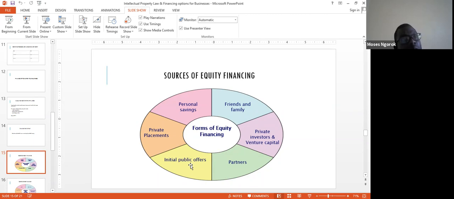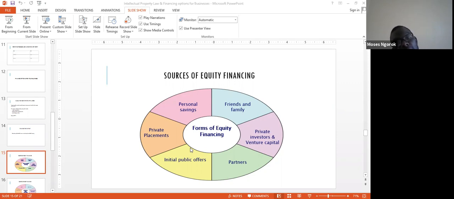Please note, this is not an IPO, an initial public offer. It's distinct. It's where you go out to the public and say, can we get more shareholders? It's similar to having a partner, but here you get shareholders and collect money from them and then use it for expansion or for research and development. That's an avenue available to you.